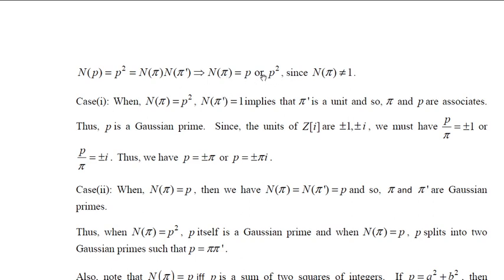Suppose N(π) is equal to p². Then what happens? If this is p², then N(π') should be 1, since 1 times p² is p². So π' becomes a unit. We have written p as π times π', where π' is a unit, therefore p and π have to be associates, by the result that a and b are associates if and only if a equals b times u, where u is a unit.